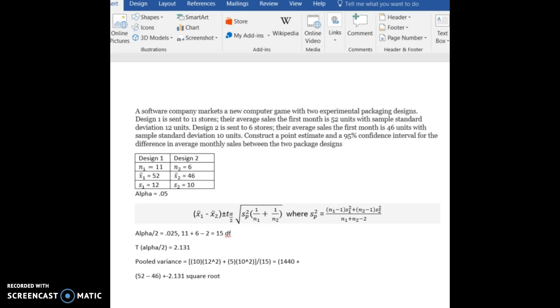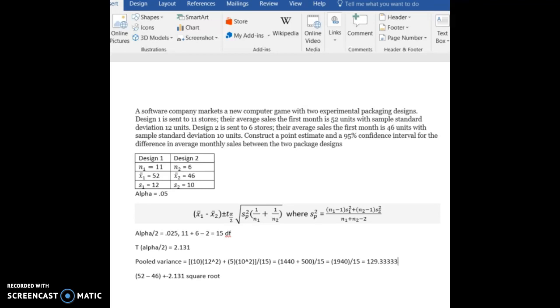And then 10 squared is 100 times 5, which gives me 500. Then if we do that addition on top, that's 1940 divided by 15. Now I just need to finish that division, and that ends up being 129.33333. Lots of repeating threes.